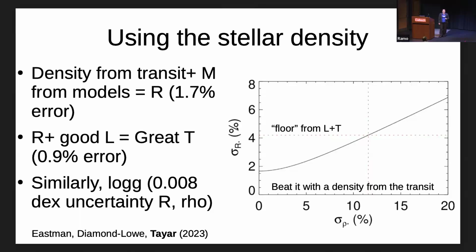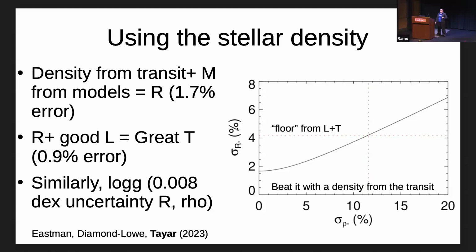Sometimes you can be clever because you are not using stars that we don't know anything else about. You have more than a temperature and a luminosity and a metallicity. So if you have a transiting planet, the properties of that transit will tell you something about the stellar density. You've heard about that already. And sometimes, if you take that stellar density estimate and the mass uncertainty from the models, which is 5%, but if your transit density is really good, that may give you a radius for your star that is better than the radius you would infer in L plus T, absorbing the systematics of that case.